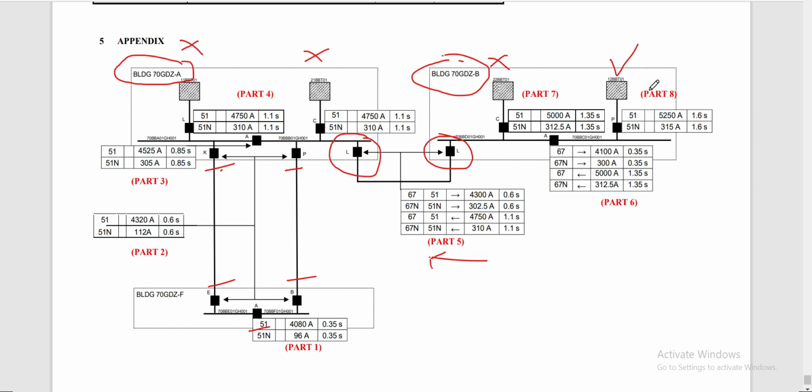The uppermost, which is the incoming feeder, the only available feeder for our condition 1, this relay's time setting is 1.6 seconds. So this is how we set the time setting for the first condition.